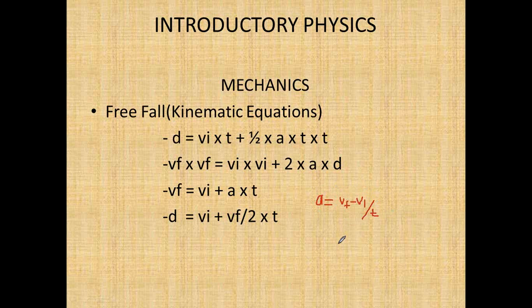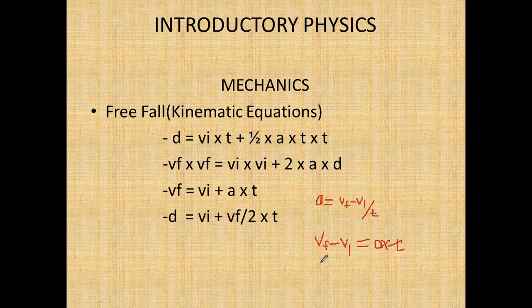Then your change in velocity, VF minus VI, initial velocity, is equal to acceleration times time. So final velocity minus initial velocity is acceleration times time.